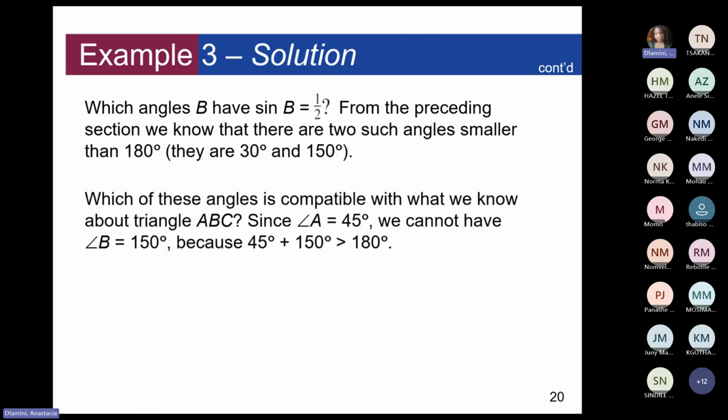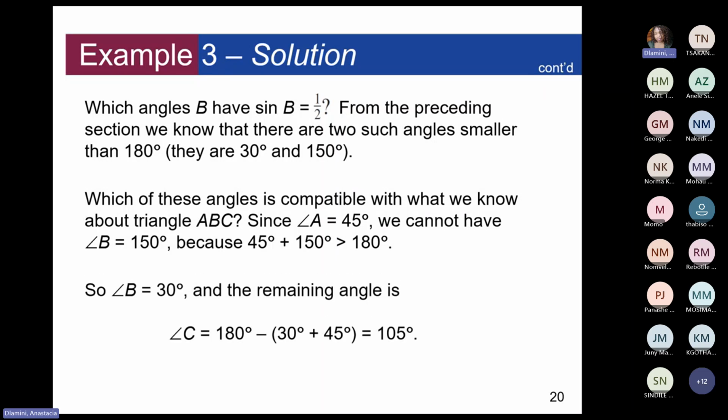Now they say, which of these angles is compatible with what we know about the triangle ABC? So that's what we did. We said, okay, let's look at B. We said B is 30 or 150. We know 45 plus 150 is greater than 180, so we said that's not the right one.